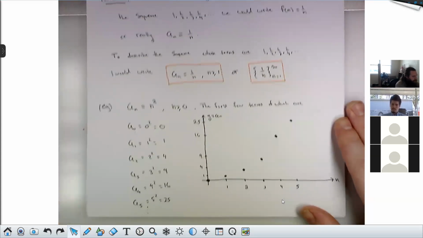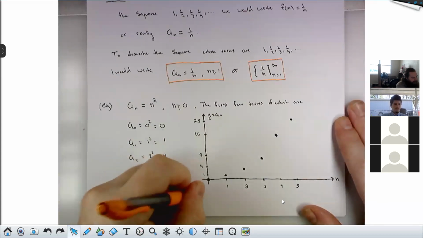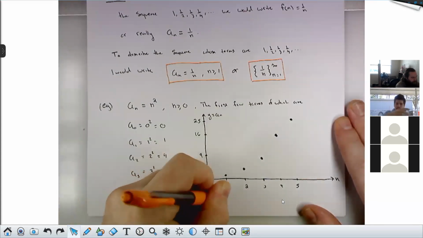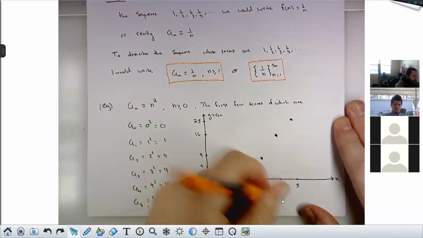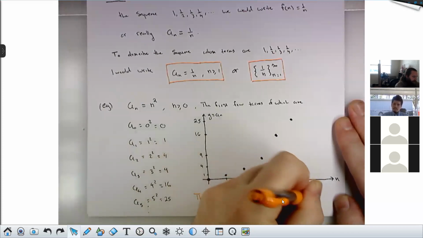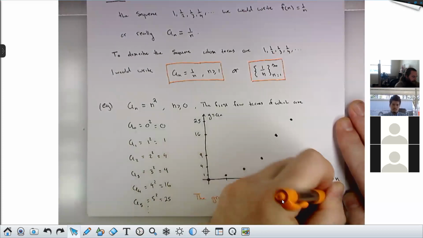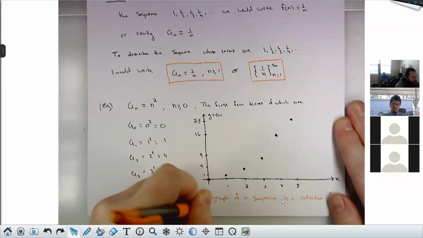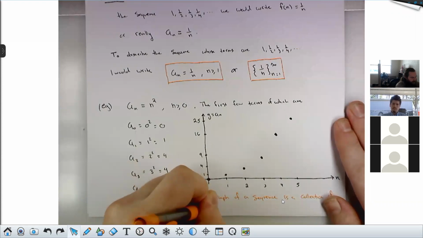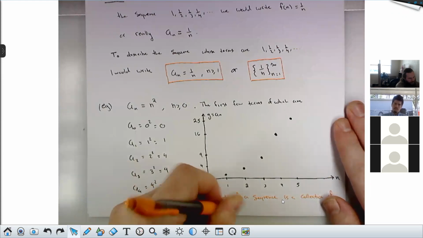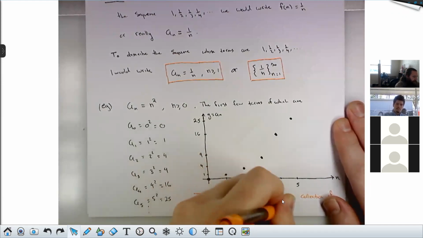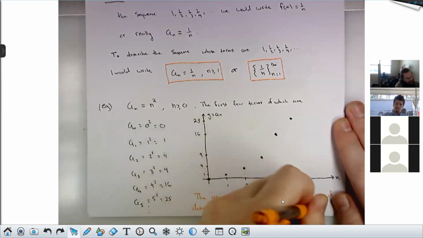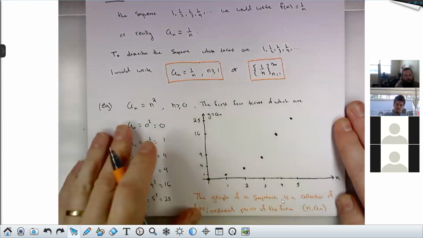So a little note here, the graph of a sequence is a collection of dots, which are ordered pairs of the form n, a_n.